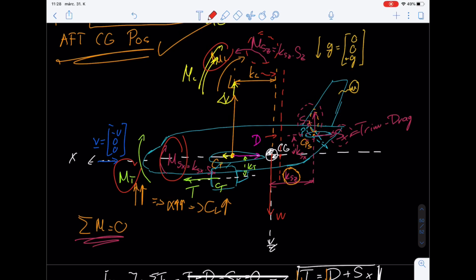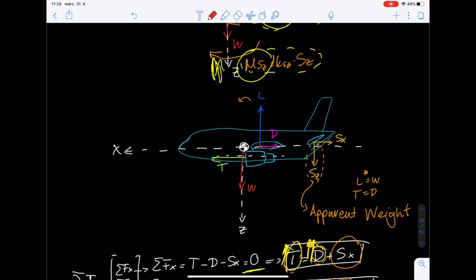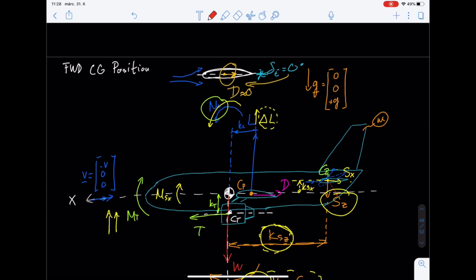So if you move it further to the back, even at full elevator deflection, the aircraft is going to start to pitch up, and that's of course not the best case scenario, right? So as we discussed in the beginning, there's of course going to be an aft CG limit, and of course there's also going to be a forward CG limit.